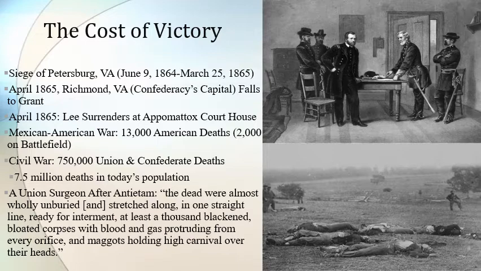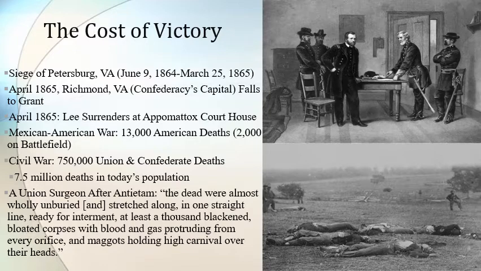So, based on these percentages, 750,000 out of 31 million, a similar war today would cause about 7.5 million deaths, because obviously the population is bigger. Obviously it's not that many, but that large of a percentage of the population dying because of this war.